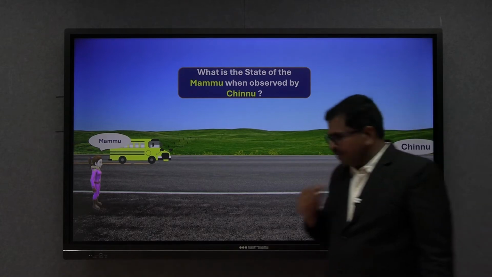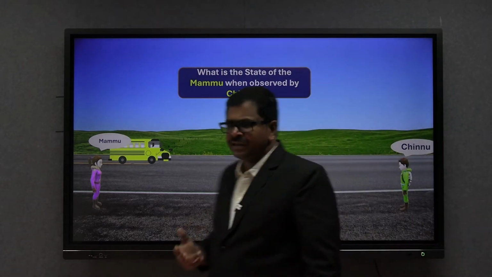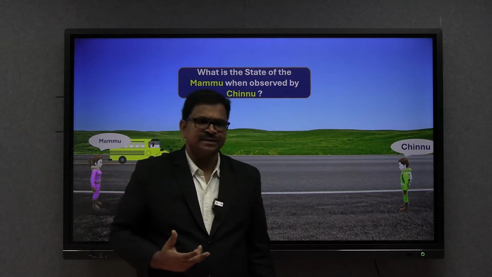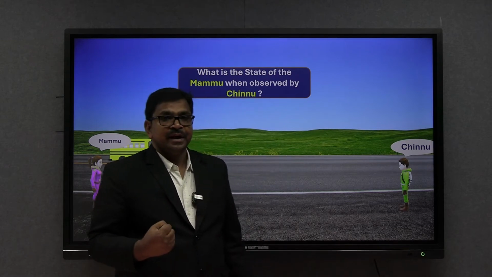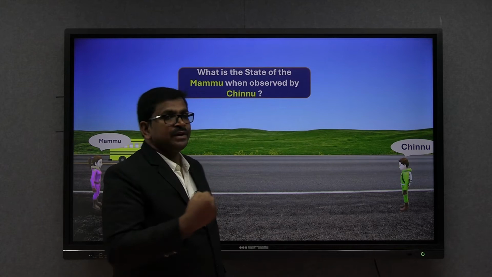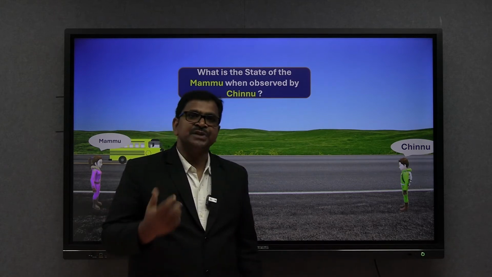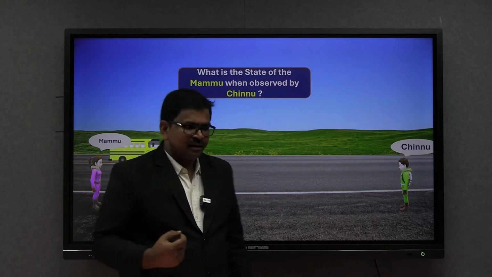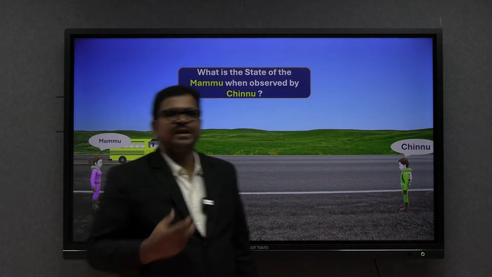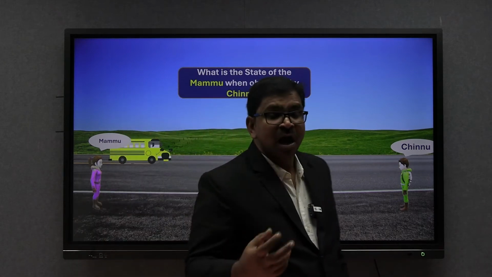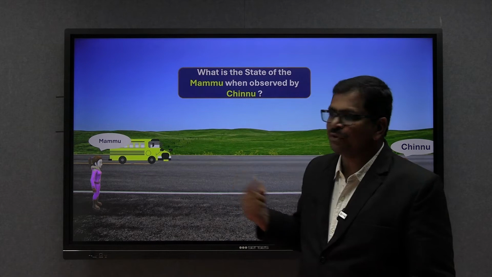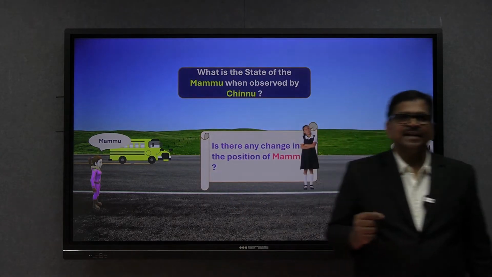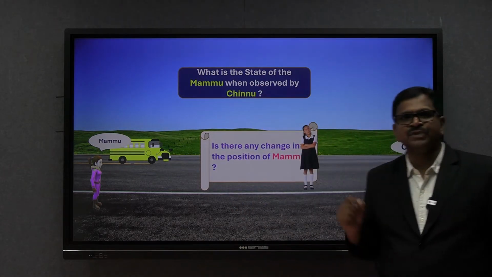Whenever a question arises in physics, we should have one thought-provoking idea or prompt. Whether any object is at rest or in motion, how can we decide? By a simple question: is there any change in the position of the object or not?